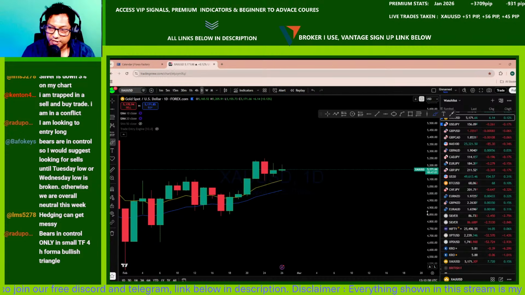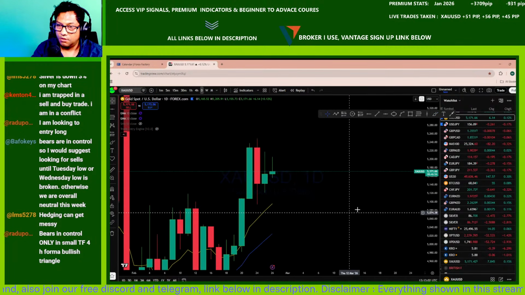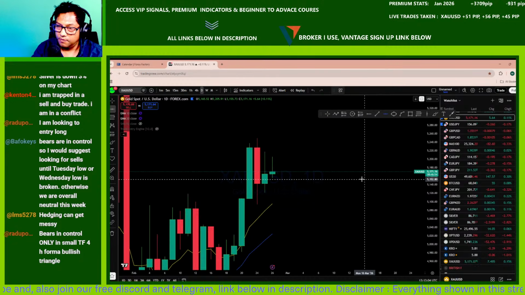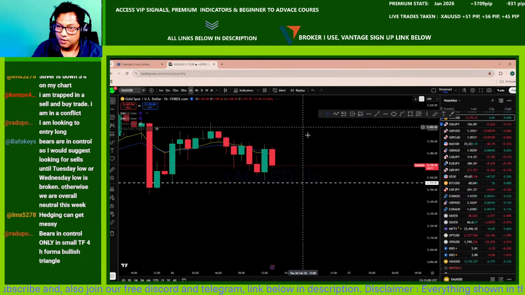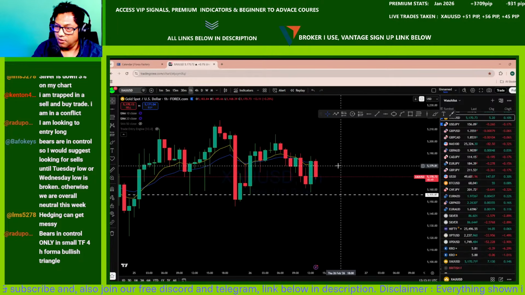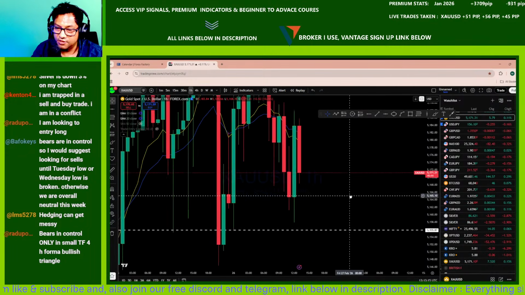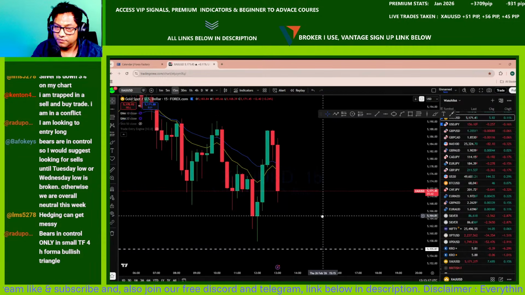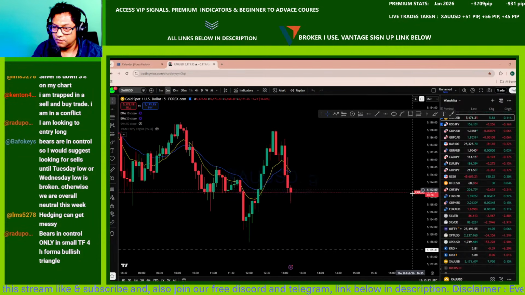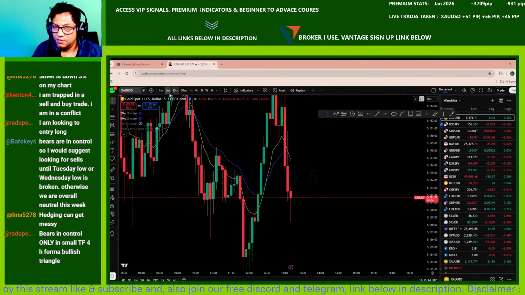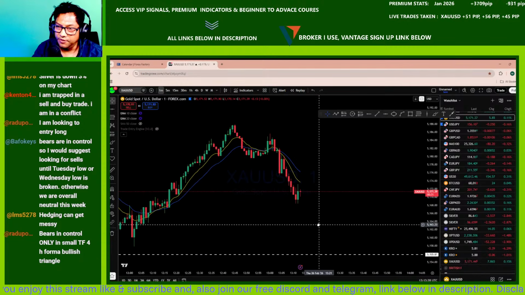Now, looking at daily here, again, we are coming back to this zone here. This is support level. The first few minutes, we see there is a complete breakup structure here in that area. Now, looking for entry.